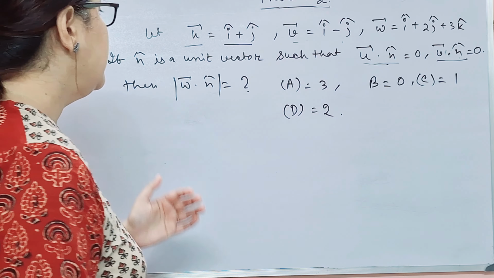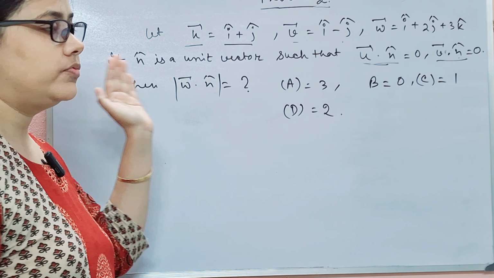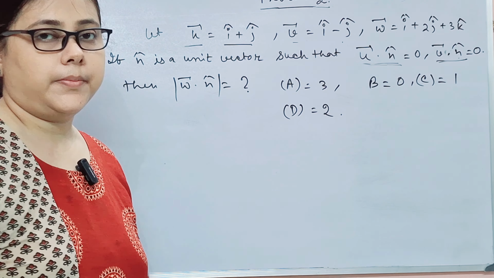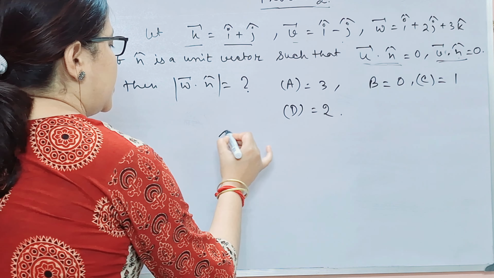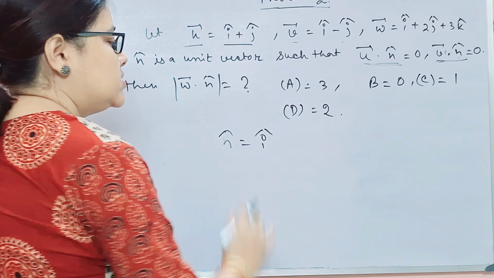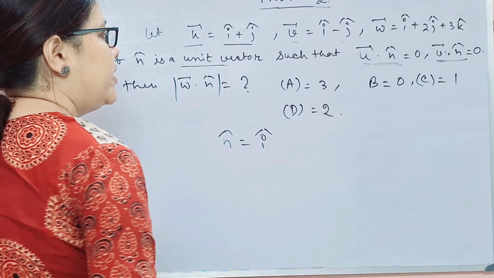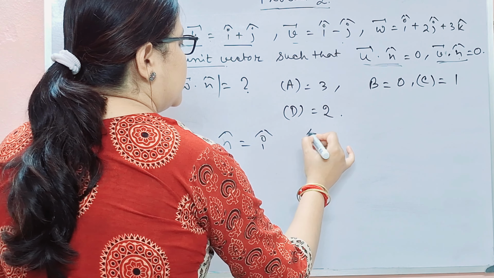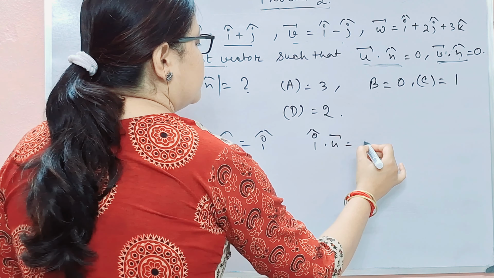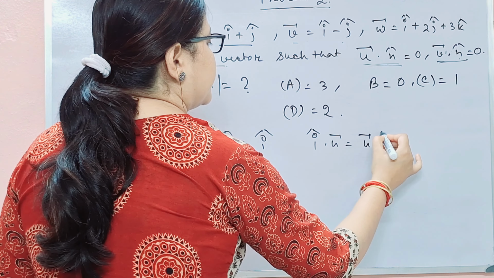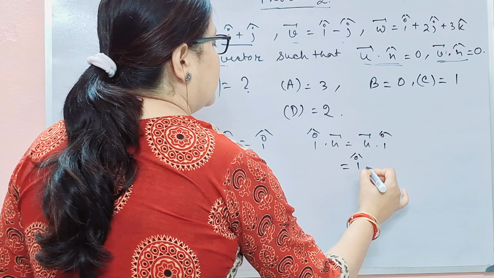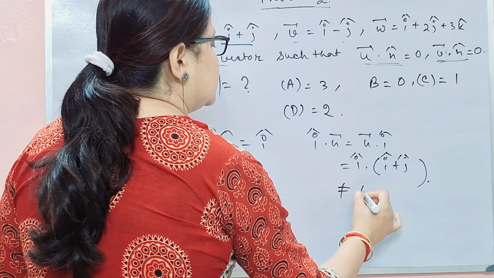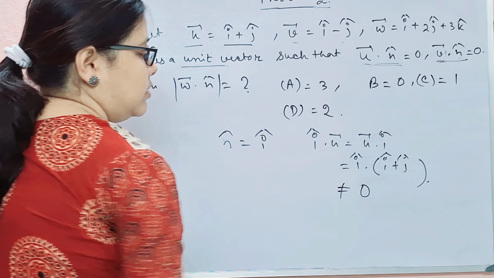So the trick is you will have to put the value of the unit vector in such a way that these two conditions are satisfied. So if I put n as i, then i is a unit vector, this condition is satisfied, but i dot u equals u dot i equals i dot (i plus j), and that will be not equal to 0.